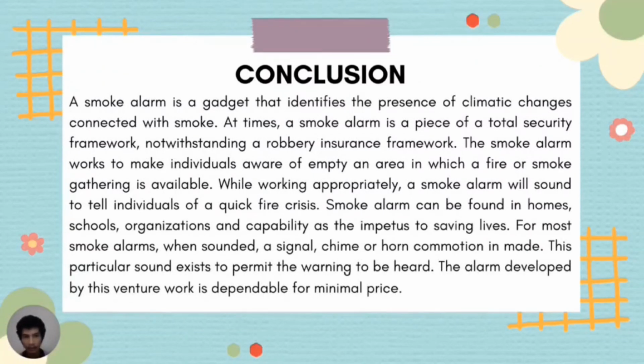While working appropriately, a smoke alarm will sound to tell individuals of a quick fire crisis. Smoke alarms can be found in homes, schools, organizations, and function as the impetus to saving lives. For most smoke alarms, when sounded, a signal, chime, or horn communication is made. This particular sound exists to permit the warning to be heard. The alarm developed by this project works at minimal price.